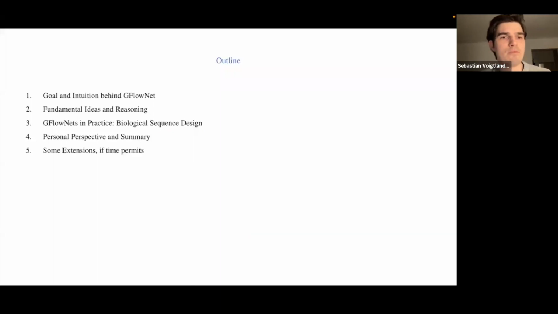I'm first going to talk very briefly about the goal and the intuition behind GFlowNets. Then the largest part will be the fundamental ideas and the reasoning behind the big GFlowNet Foundations paper by Bengio et al. Then I'm going to try to translate these fundamental ideas into how to design a practical study, with the example of biological sequence design by Jain et al.